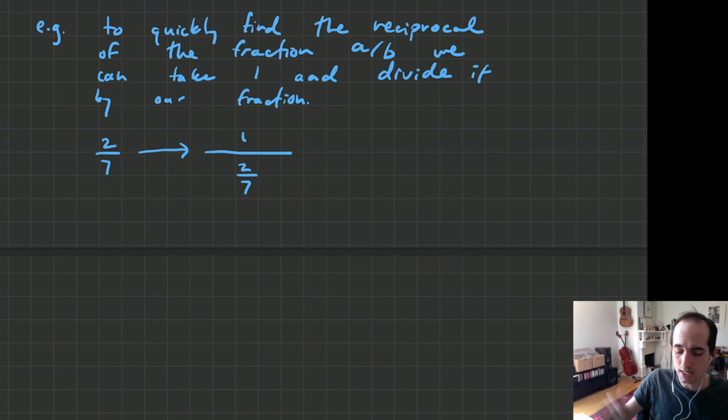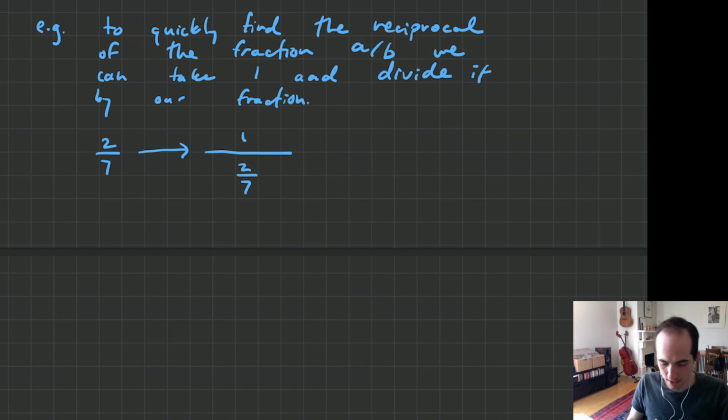It turns out that it doesn't really matter, but it still helps your brain say, okay, that's my numerator, that's my denominator. In this case, my denominator is the fraction 2 over 7. You could put brackets around it, but I think the way I've written it is pretty clear.